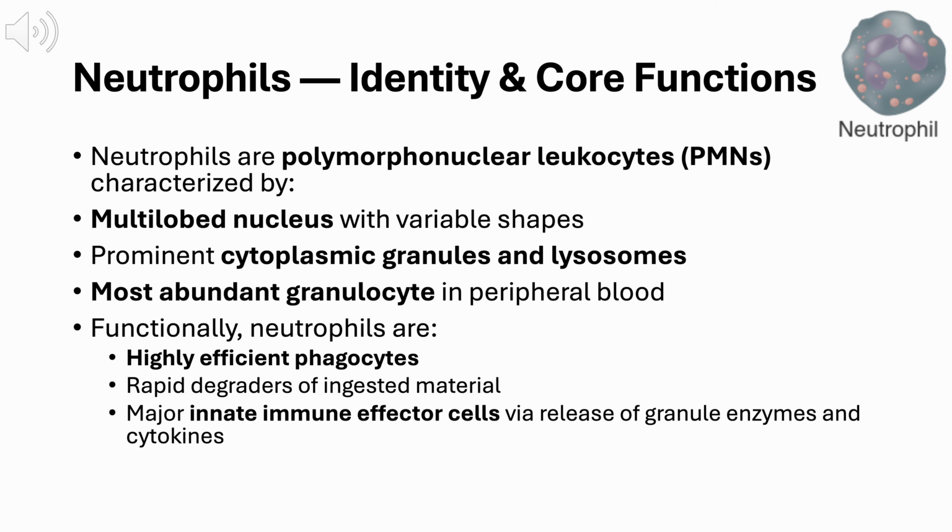Neutrophils are the most abundant granulocytes in peripheral blood and are among the first cells recruited to sites of acute inflammation. Functionally, they are highly efficient phagocytes. They engulf pathogens and cellular debris, rapidly degrade that material, and amplify the inflammatory response by releasing granule enzymes and cytokines. This makes them powerful early effector cells, but their destructive contents can also injure surrounding ocular tissue when activation is excessive or poorly controlled.